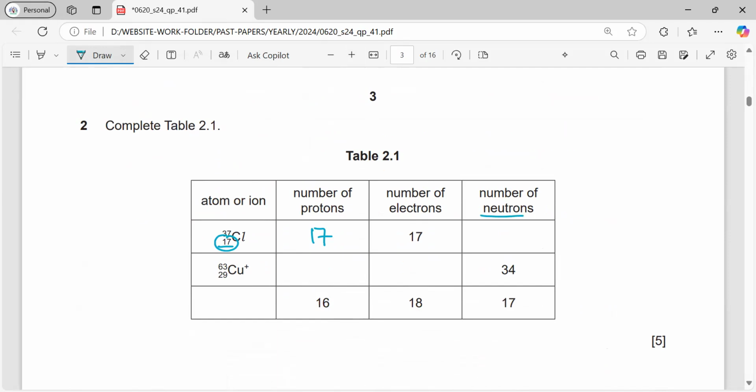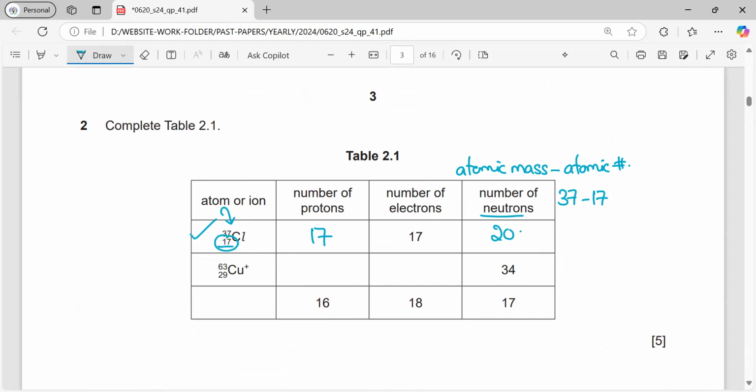For the number of neutrons, we will do the atomic mass minus atomic number. For chlorine, the atomic mass is given in the question. We will not use the mass from the periodic table, but we'll see it from the table given. The atomic mass is 37 minus atomic number 17, so it gives you the answer 20.